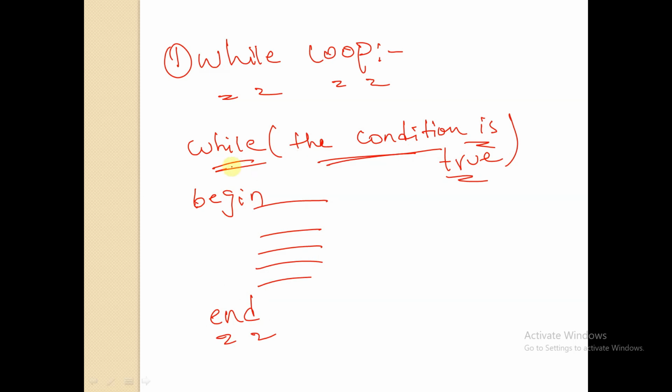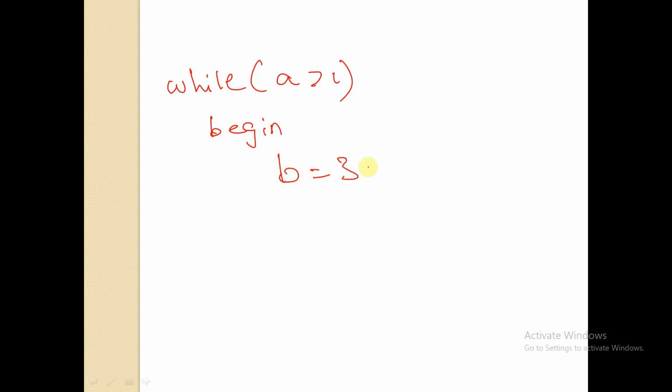If the condition specified is true, then only the loop will get executed, or else the loop will not at all get executed. For example, if we are writing while a is greater than 1, then begin, say b is equal to 3, and ending this.